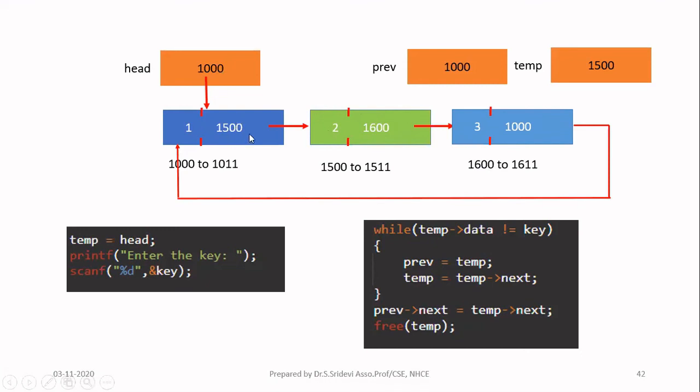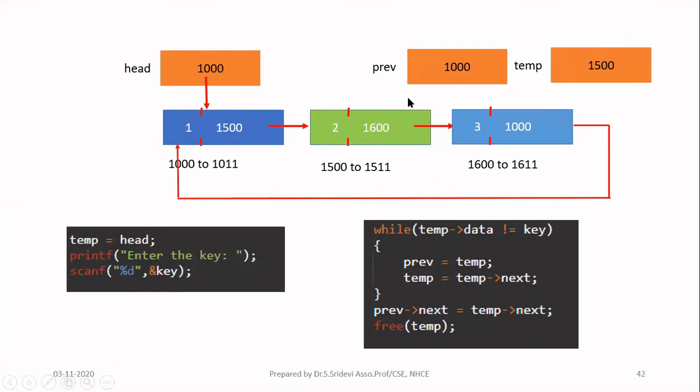Now, where is this 1600 available? It is here. It is in the next field of temp. You take it and store it here. This can be accessed by the next field of previous. When you do that, you take this address and store it here. The meaning is this is now pointing to 1600.